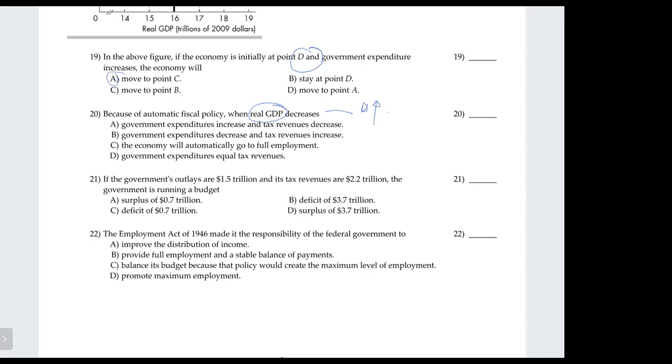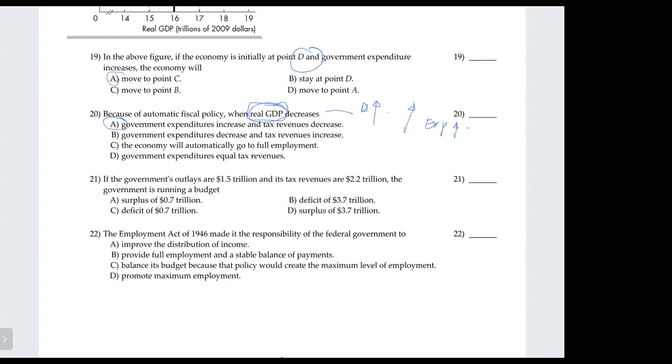And then, so what happens? The unemployment insurance benefit paid will increase, meaning government expenditure will increase. Right? But at the same time, the tax the government can collect will decrease because the real GDP, or tax base, decreases. So the answer to 20 is going to be A.